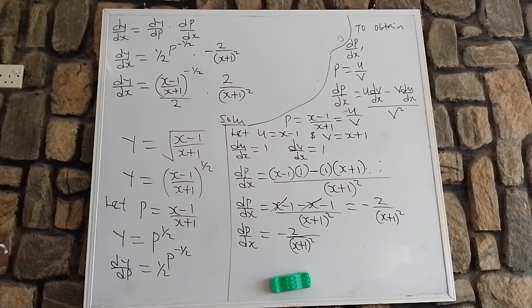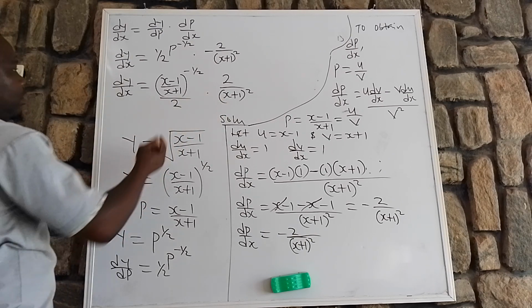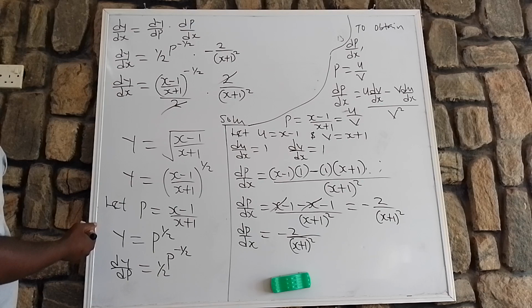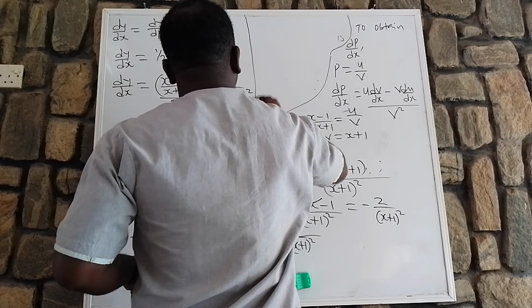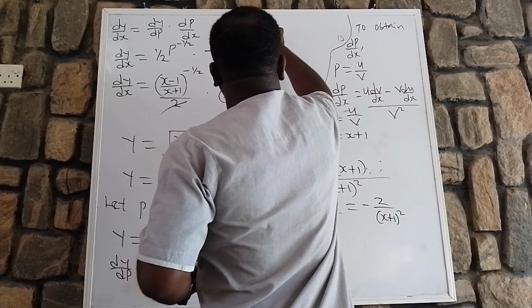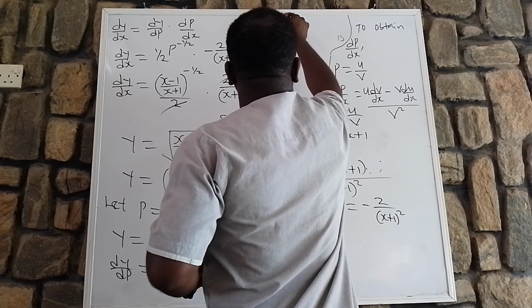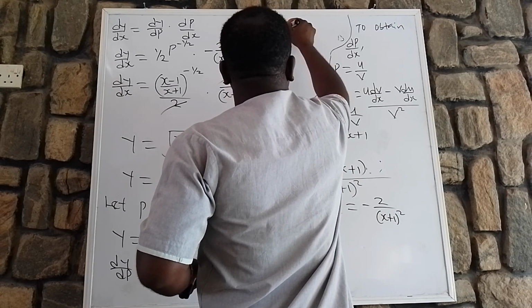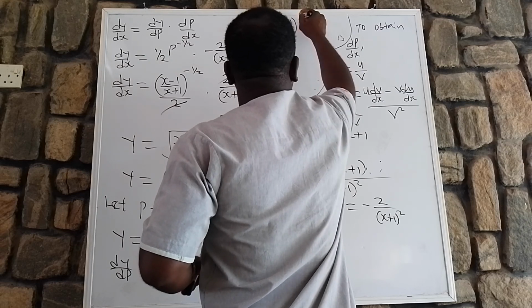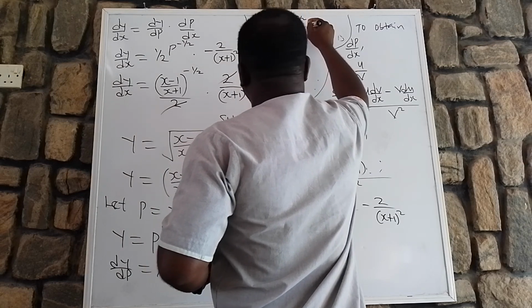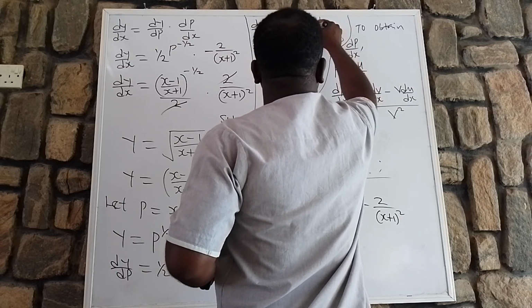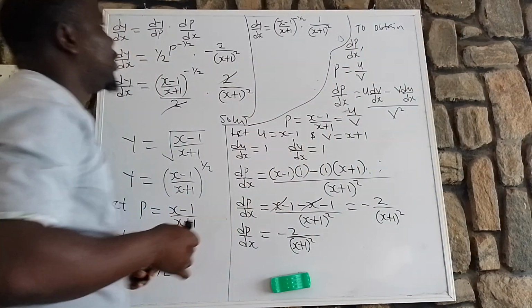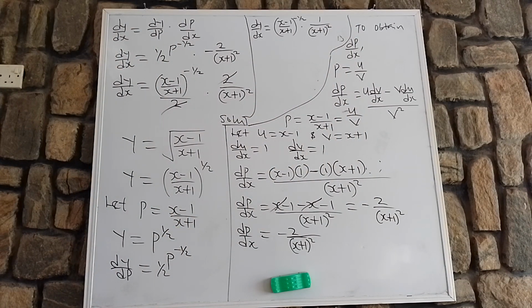True or false? Either you leave it this way or this and this will go. If this and this go, our final answer will be dy over dx is equal to x minus 1 all over x plus 1 in bracket raised to the power of minus 1 over 2, times 1 all over x plus 1 all squared.